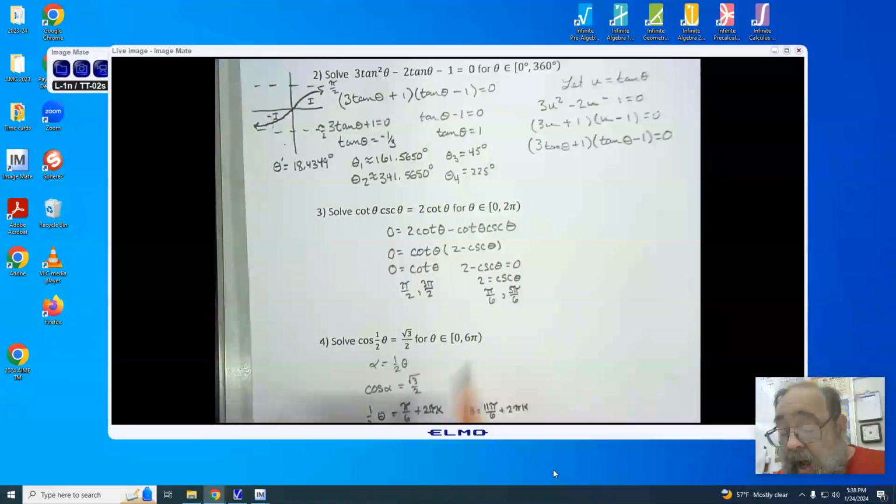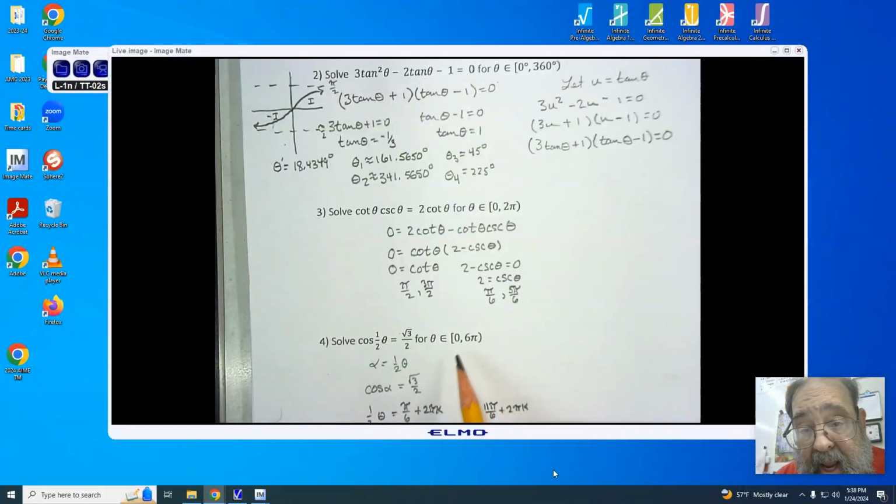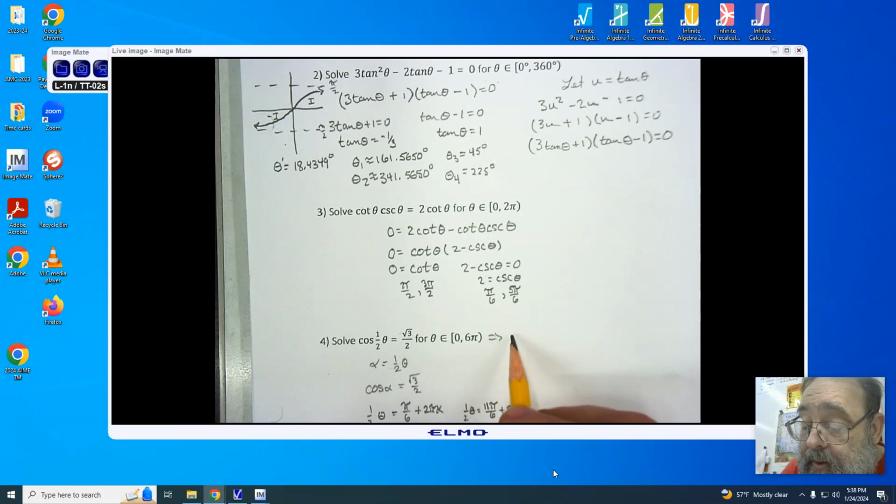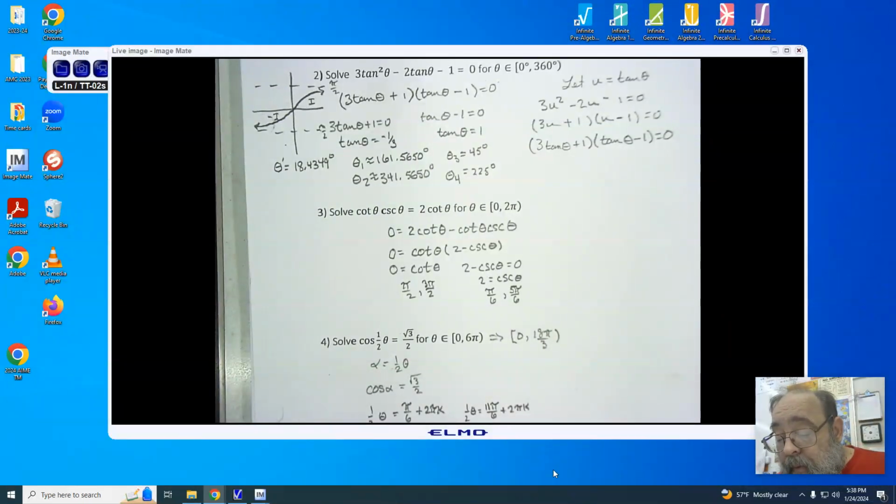Now notice, I'm going to want to get thirds so I can see how many solutions I can actually find. I'm going to change this from 6 pi into 18 pi over 3. I'm now going to keep adding 4 pi until I end up with values that are beyond that.